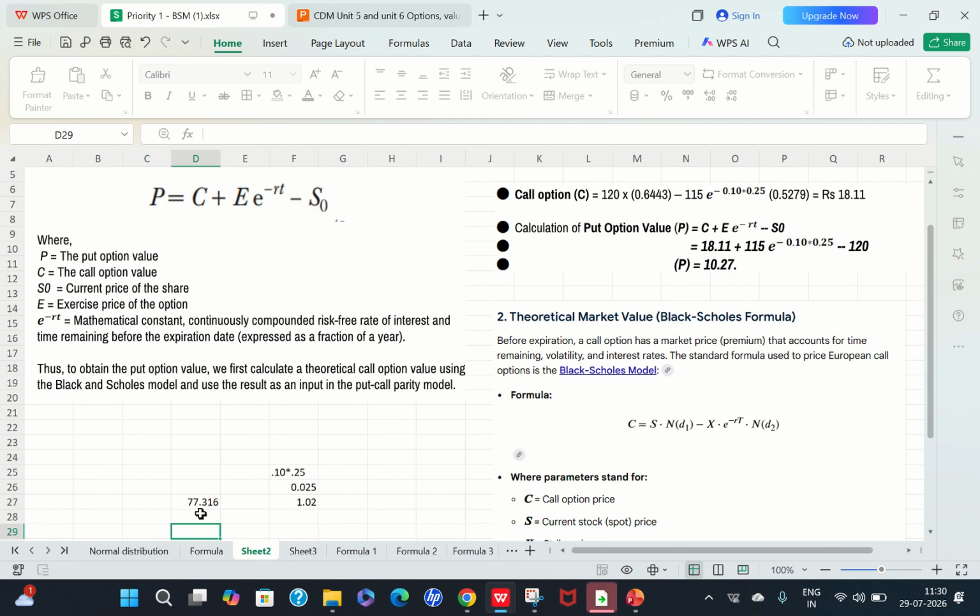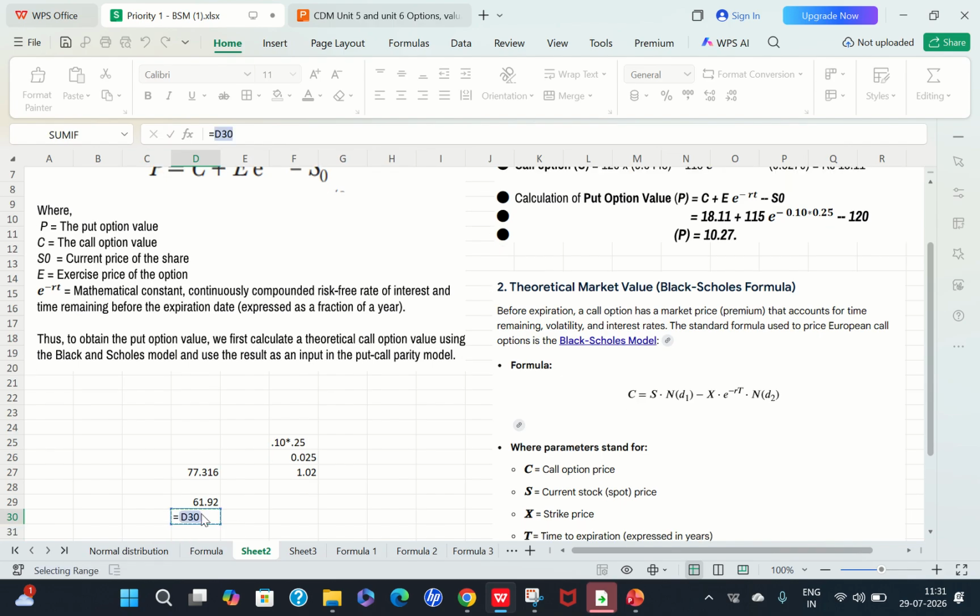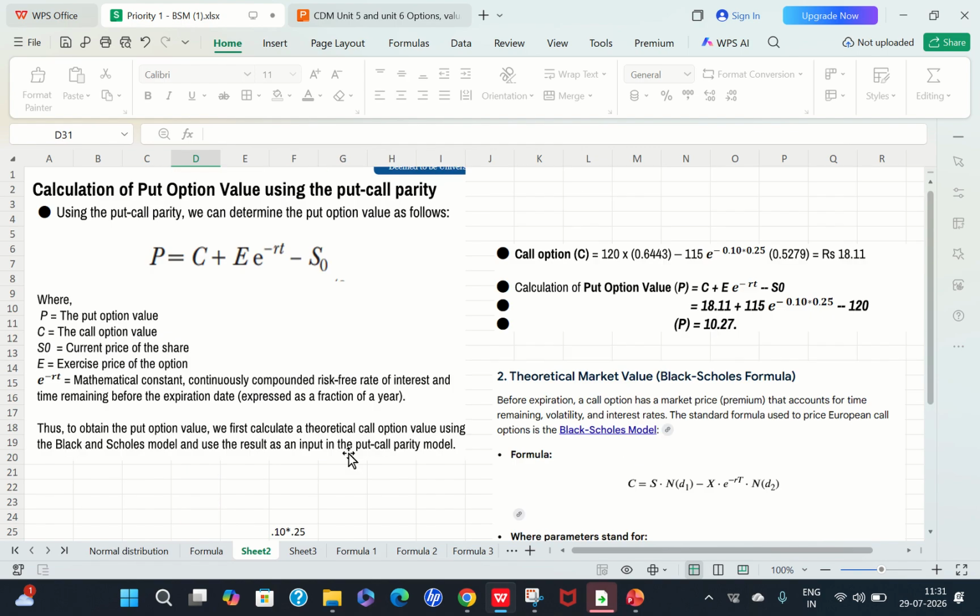Then 115 into 1.02 into 0.5279, you get a value of 61.922, so 61.92. On subtracting both these two values, you get a number of 15.40.